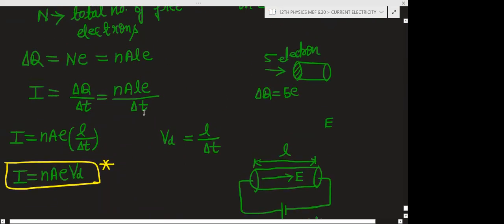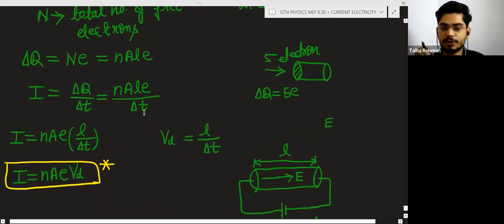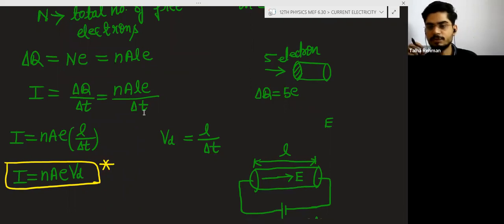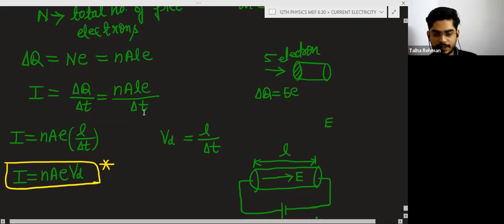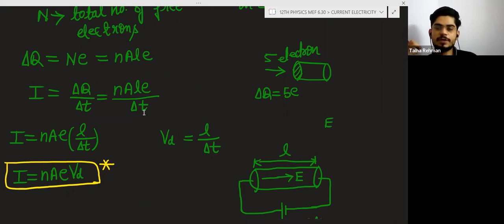Now see the relation between the electric field and the potential difference. This will be very useful when we write Ohm's law in the next topic. We all know Ohm's law. But I will write today Ohm's law in some different form in terms of n, a, e, drift velocity.